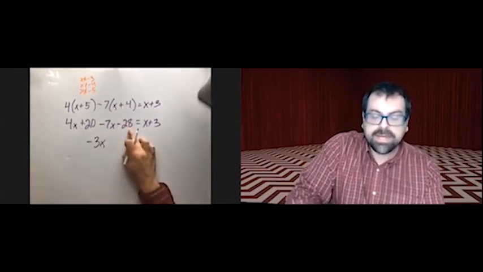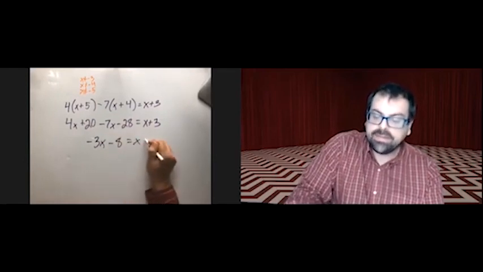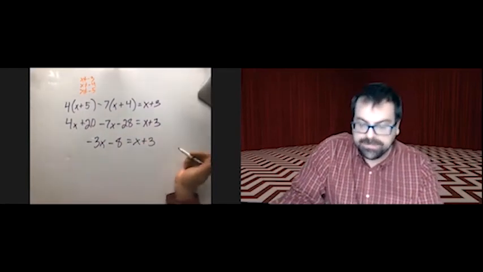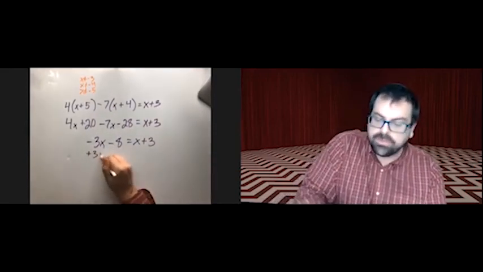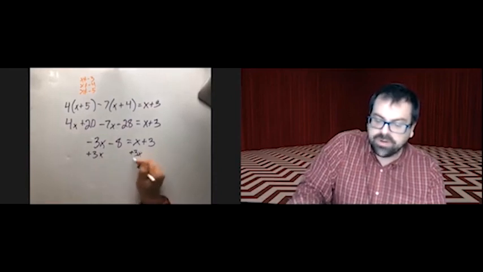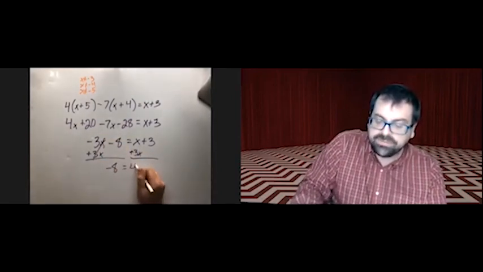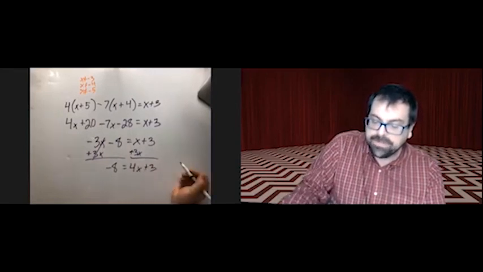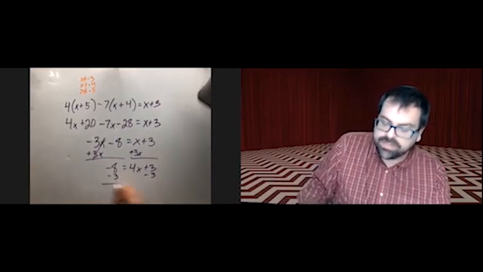Positive 20 minus 28 is negative 8 equals x plus 3. Add the 3x to both sides to move it over to the right. Negative 8 equals 4x plus 3. I'm going to subtract 3 from both sides.